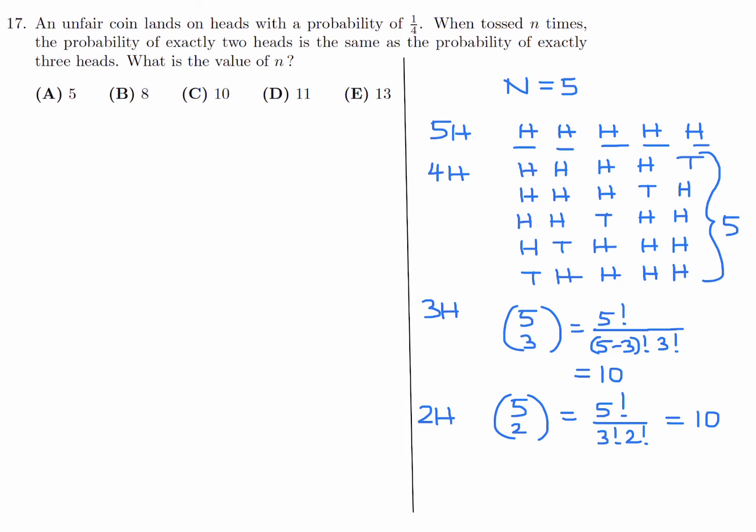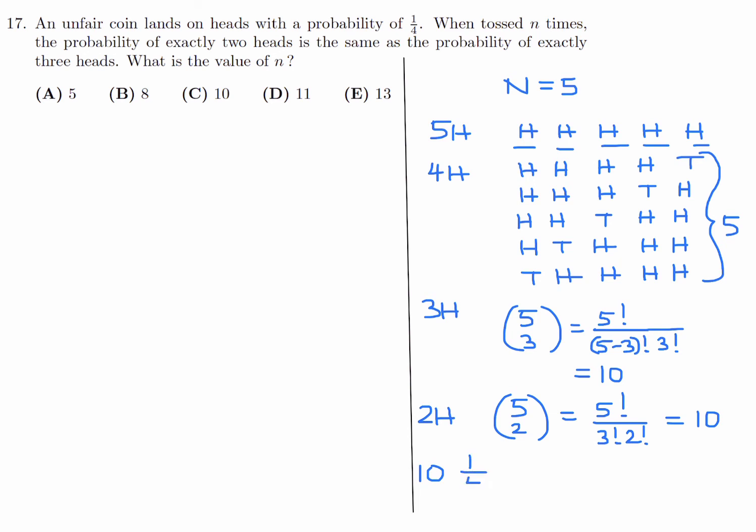But first, let's go back and explain this a little bit more, because I want you to fully understand what I'm going to do here. I have 10 ways of making 3 heads and 10 ways of making 2 heads, right? But what is the probability in this particular question? Well, for the first scenario, 3 heads, we have 10 ways, and for each way, we have 3 heads.